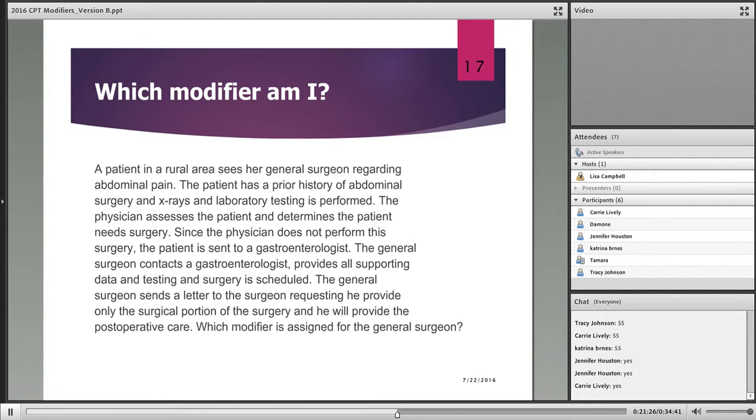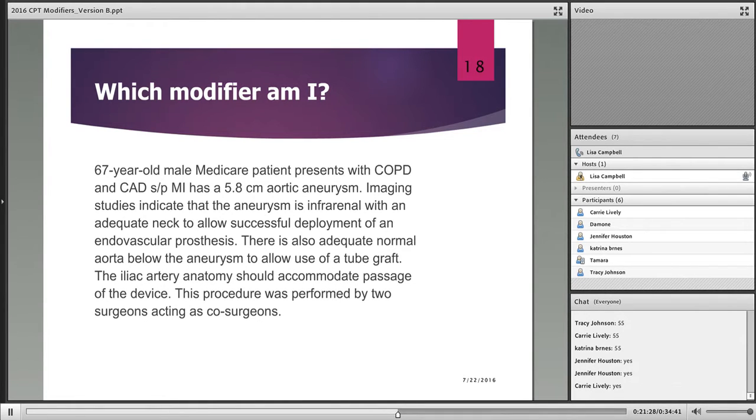Okay. Next up, 67-year-old male patient presents with COPD and CAD status post MI, has a 5.8 centimeter aortic aneurysm. Imaging studies indicate that the aneurysm is infrarenal with an adequate neck to allow for successful deployment of an endovascular prosthesis. There is also an adequate normal aorta below the aneurysm to allow the use of a tube graft.